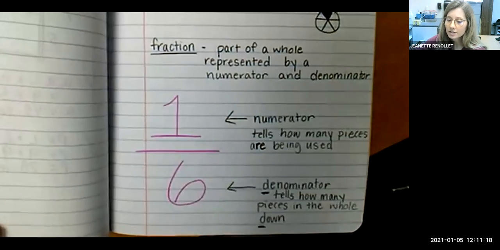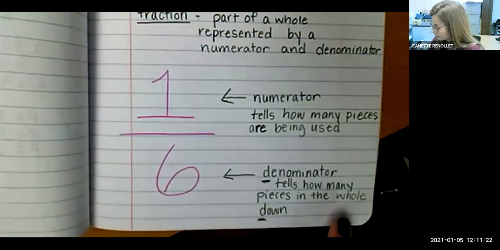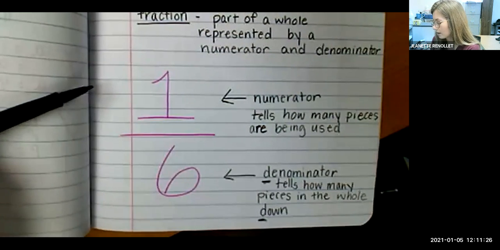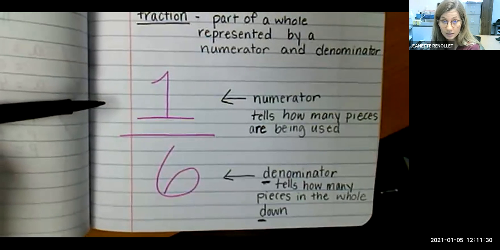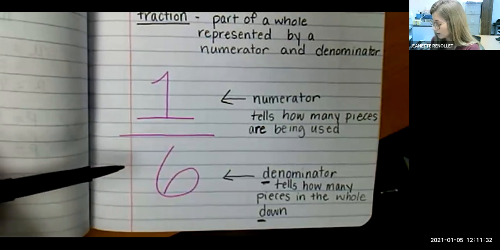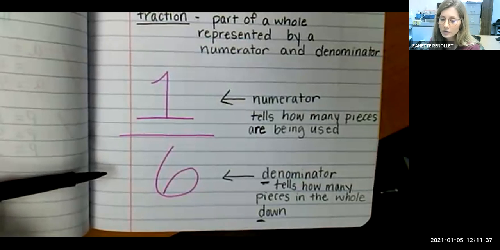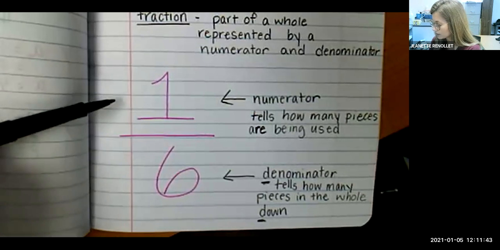The denominator tells how many pieces in the whole. So our top number, our numerator, says how many pieces are being used. The bottom number, called the denominator, tells how many pieces are in the whole. That's what these two numbers mean.